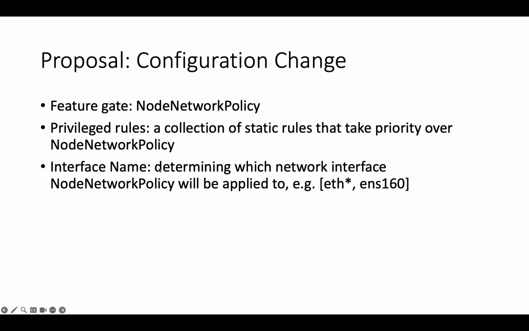So we have this configuration to allow users to specify the expression of the network devices they want to have network policy applied, like this. It will apply to all devices with a prefix like this, and another device with the exact name.